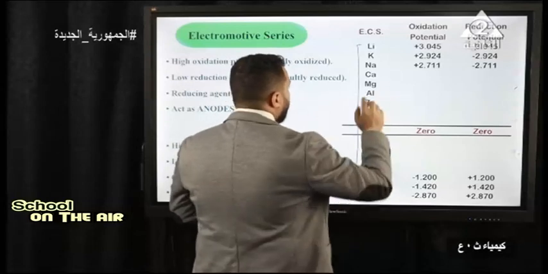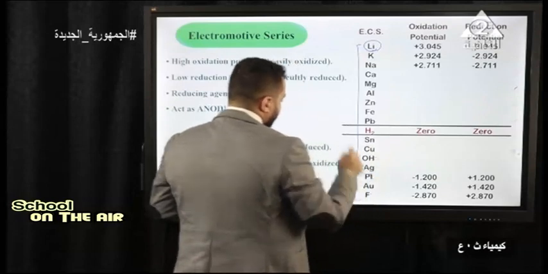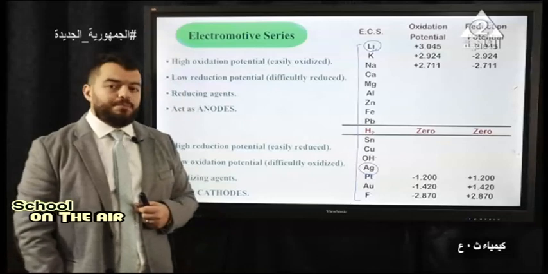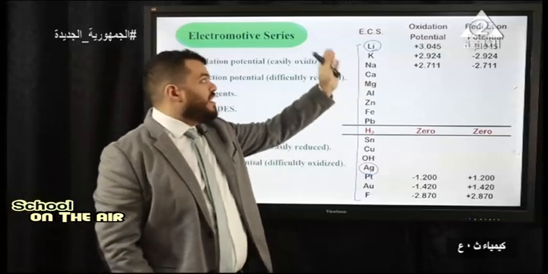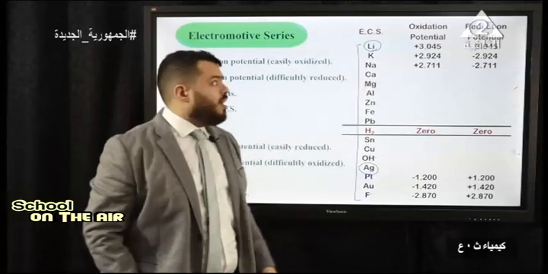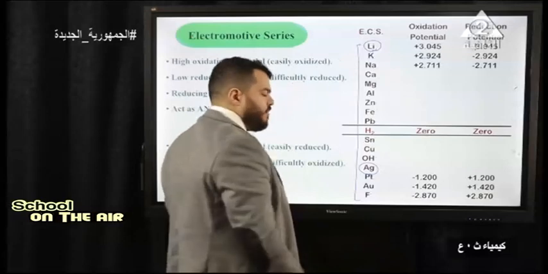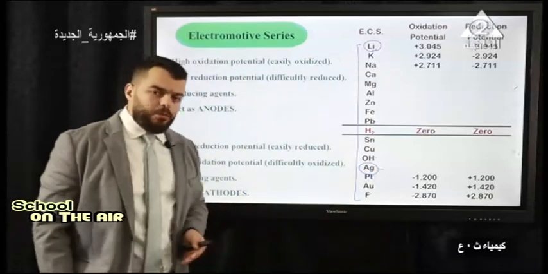Okay. If we are comparing lithium and silver, which one of them has the high oxidation potential? It will be the lithium with the high oxidation potential, because it is at the top of the electrochemical series. And the silver will be the element with the low oxidation potential.